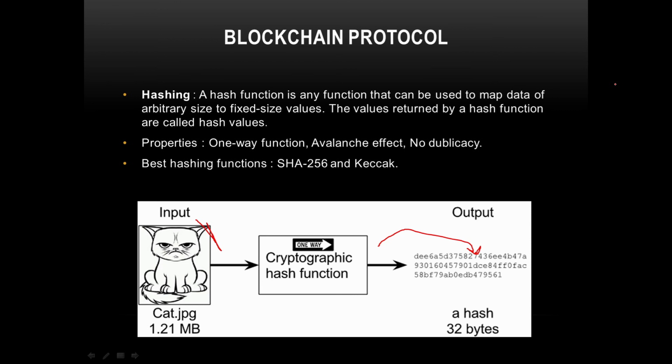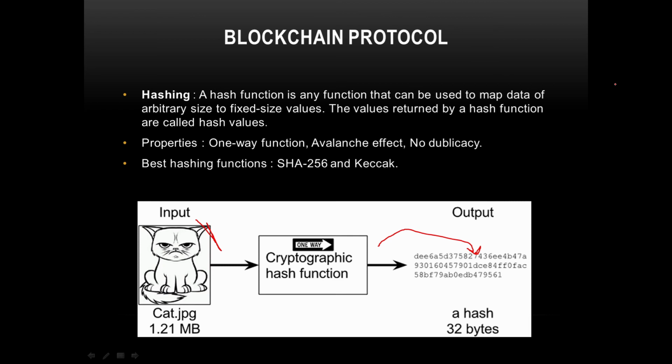Avalanche effect. A very small change in data, or even a mere space, can change the hash to a very different hash. No duplicacy. There is a very rare chance of having a duplicate hash. It's almost impossible.